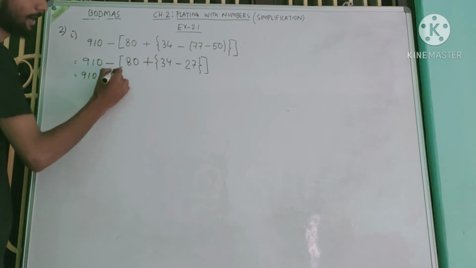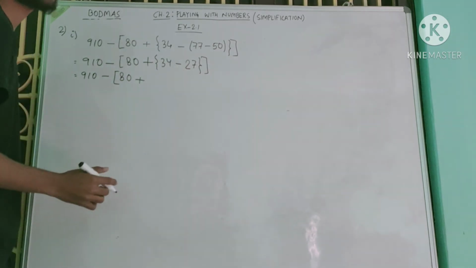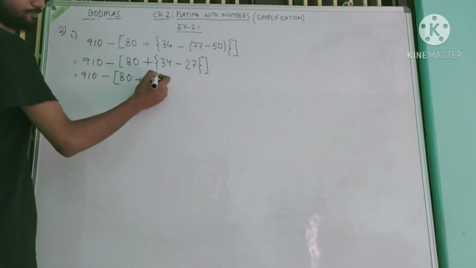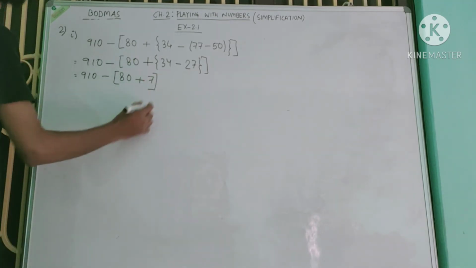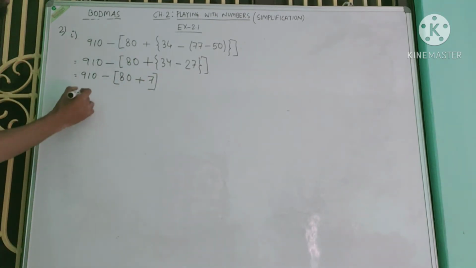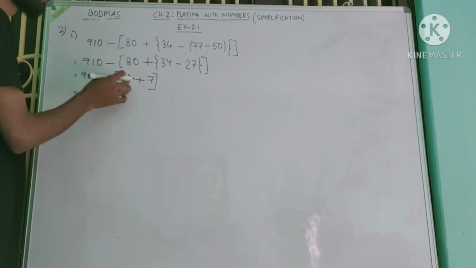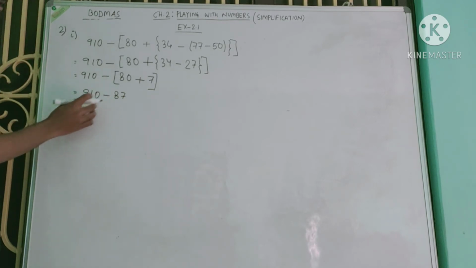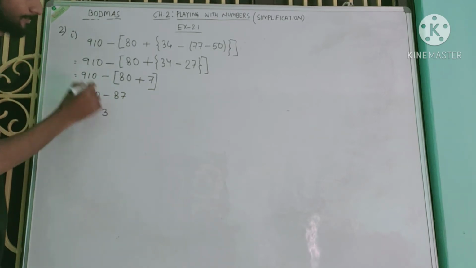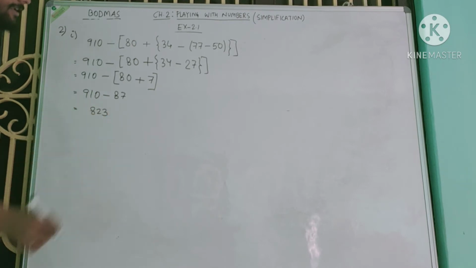So 910 minus 80 plus 34 minus 27 is 7. Now 910 minus, we have to remove the third bracket, which is 87. Now 910 minus 87 is 823.